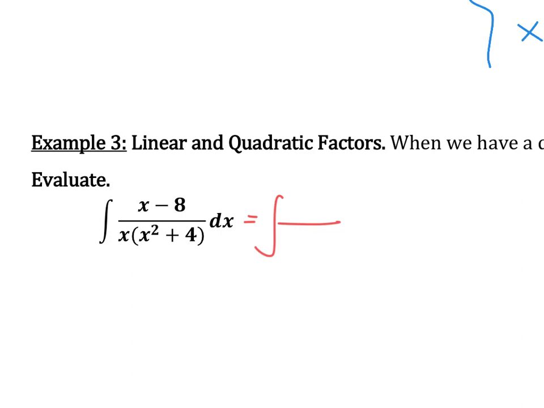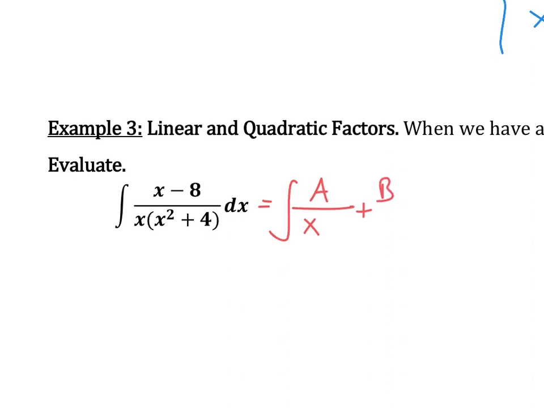We have a over x, just x, sorry, plus bx plus c all over x squared plus 4. All right, so we need this to be linear, first degree for a second degree denominator.